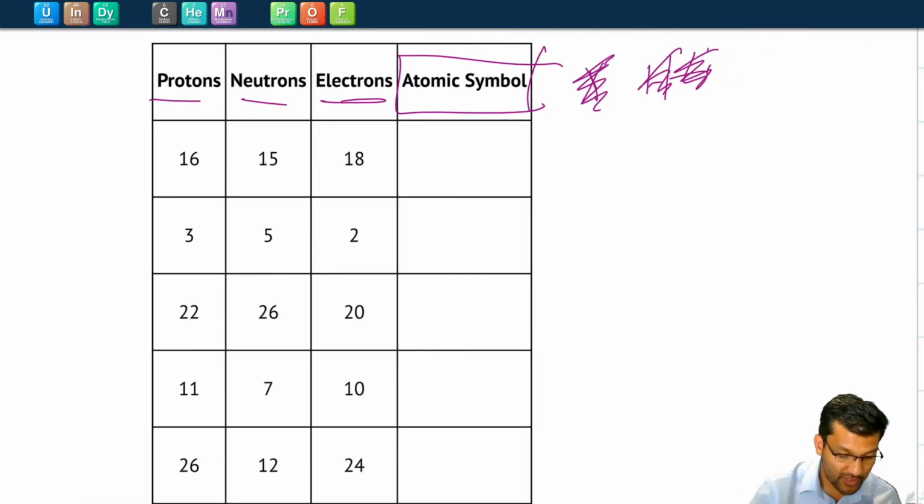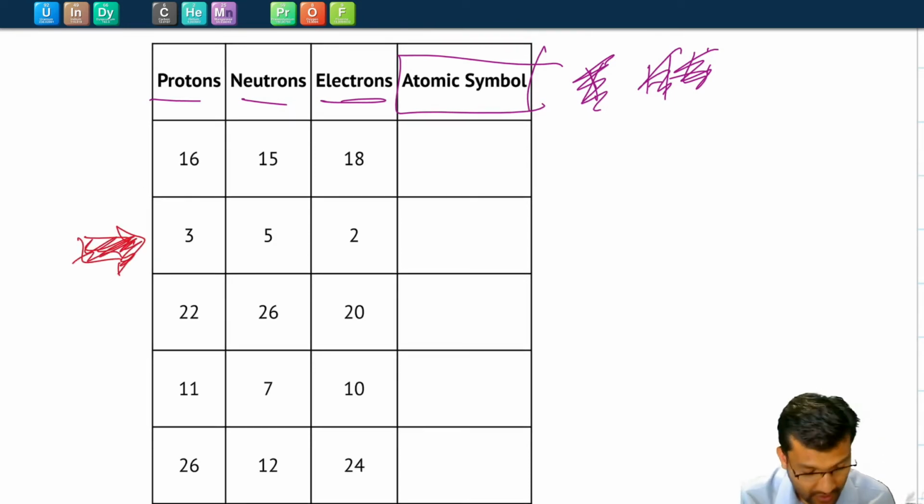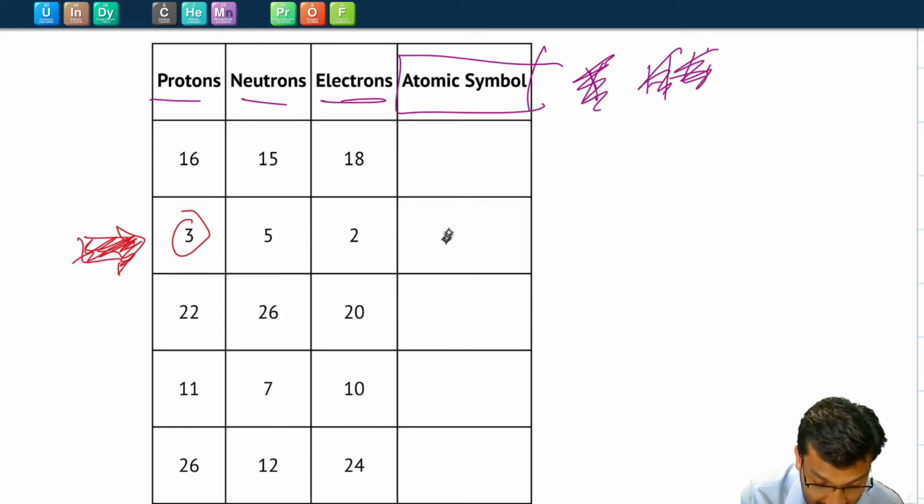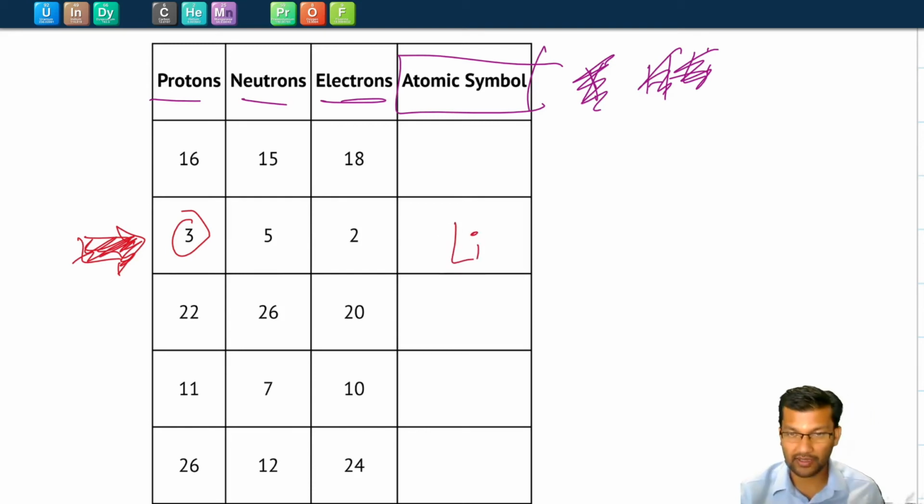Okay, the first one I'm going to do, let's do the second one in this table. The symbol for an atom with 3 protons, 5 neutrons, and 2 electrons. Well, if we look up the atomic symbol for element number 3, because the atomic number is 3, we find that that's lithium, right? Lithium is atom 3, and we put 3 there for number of protons.